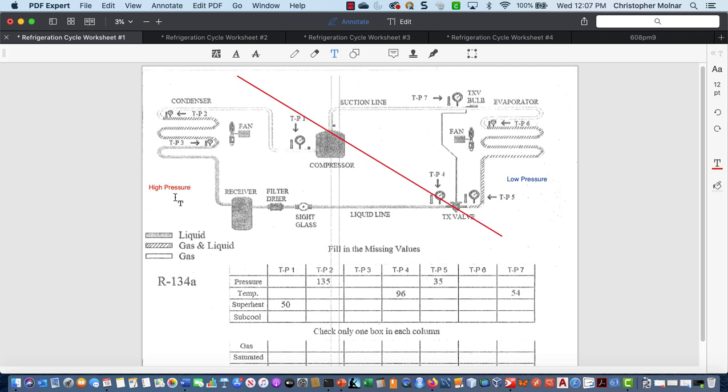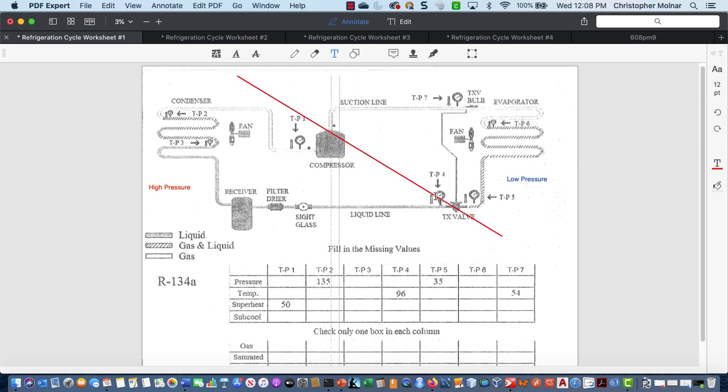Now, no matter where I put my gauges, unless we're dealing with a very long condenser or a very long evaporator, the pressure's going to be the same on the high side, and any place I put my gauges, the pressure's going to be the same on the low side.